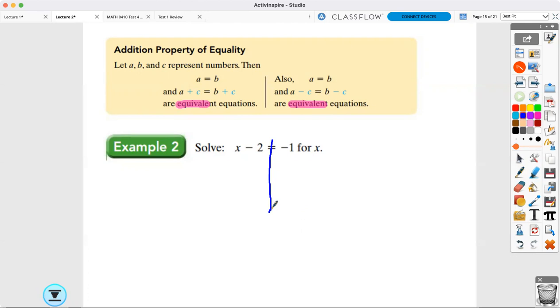Now look at the equation. The equation says x minus 2 equals -1. So guys, x is going to be a number, but we don't know what number it is. X is a variable, an unknown variable. We don't know what X is, but we do know it's a number. So pretend there equals -1.